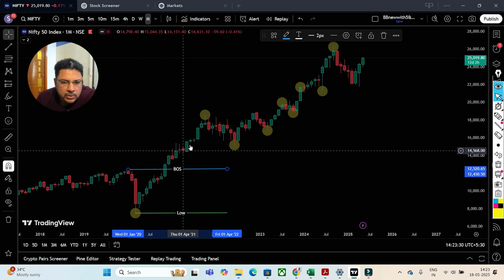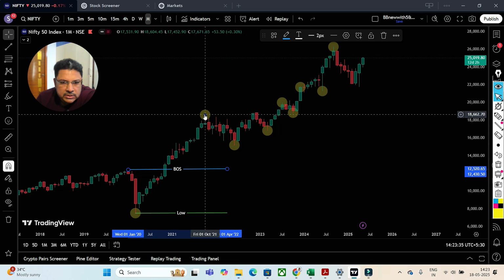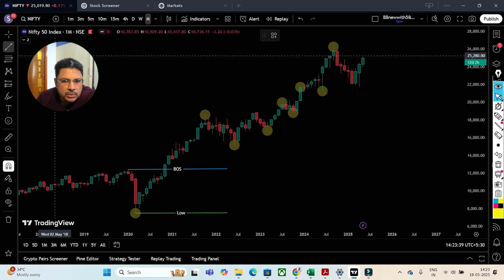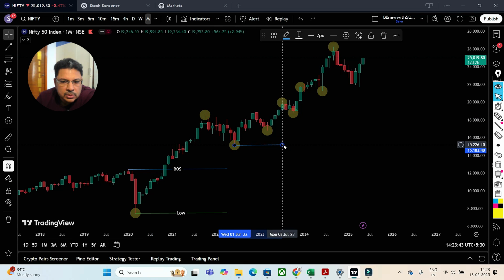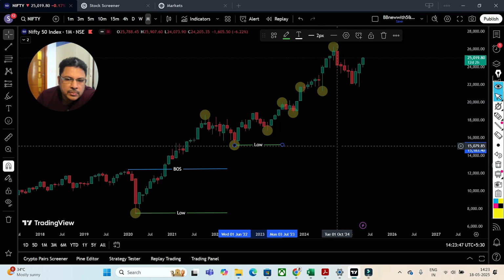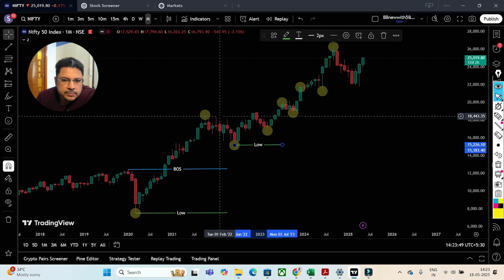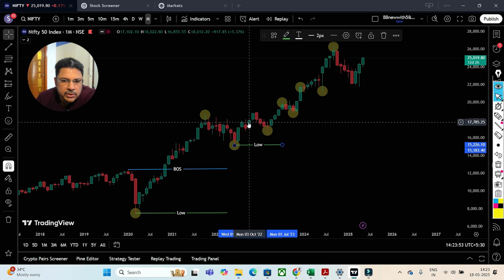It kept on running and it made a new high here. After this, again it made a new low here, right? This was your new low. Now this new low will be a valid new low if it breaks this structure.